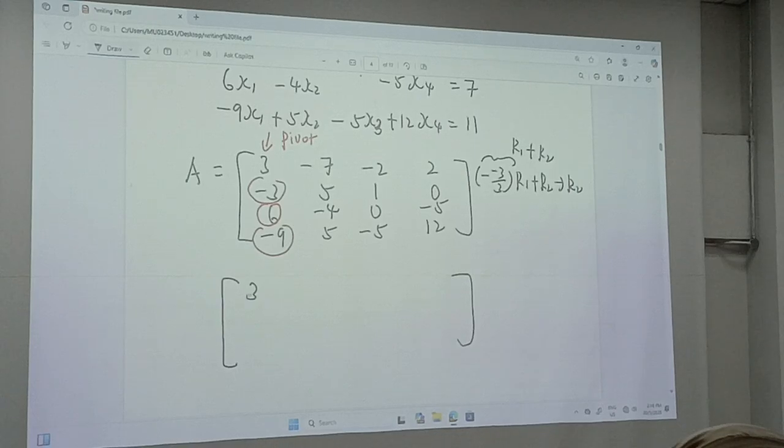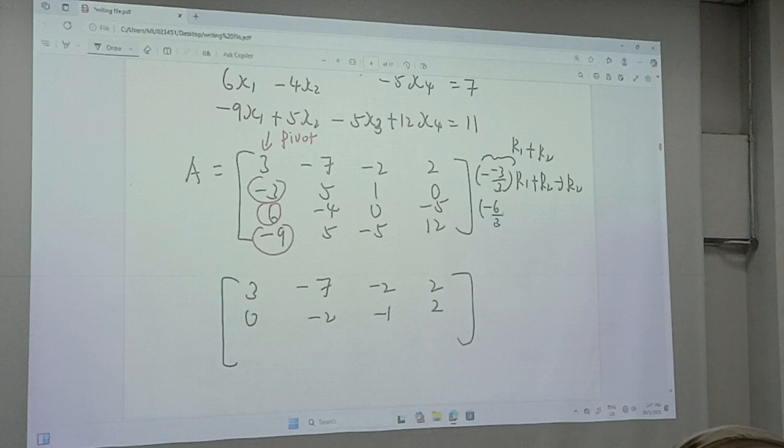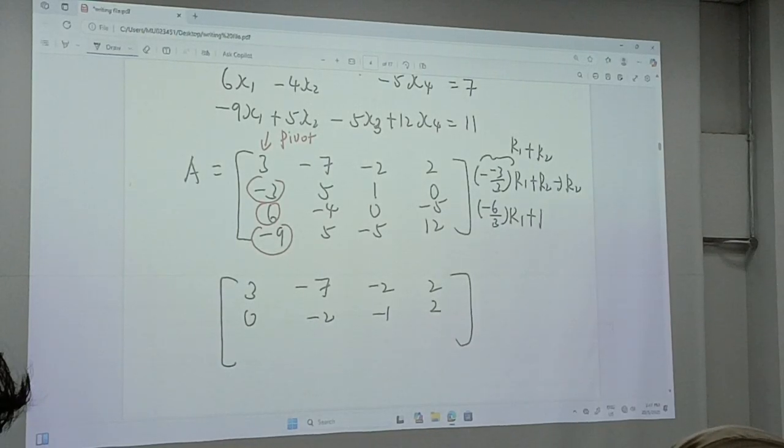So as a result, here negative 3 will turn to 0. R1 plus R2: negative 7 plus 5, negative 2. Negative 2 plus 1 equal to negative 1. 2 plus 0 equal to 2. And then move on to turn 6 to 0. Negative 6 over 3 multiply with the pivot row, still R1, plus the elimination row R3, produce a new R3.